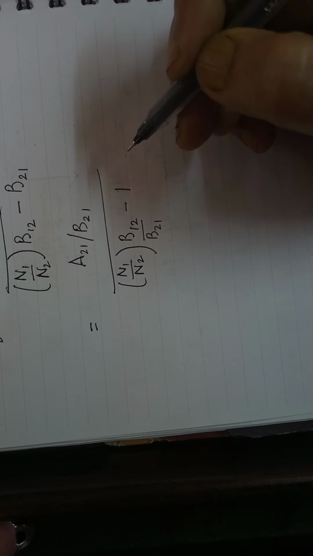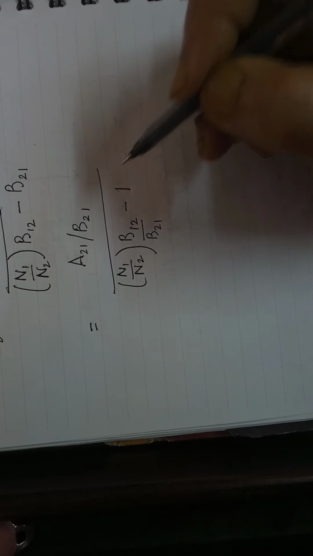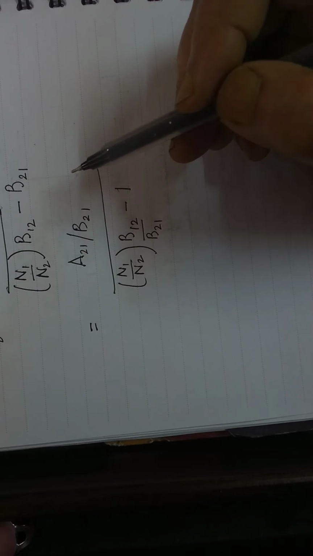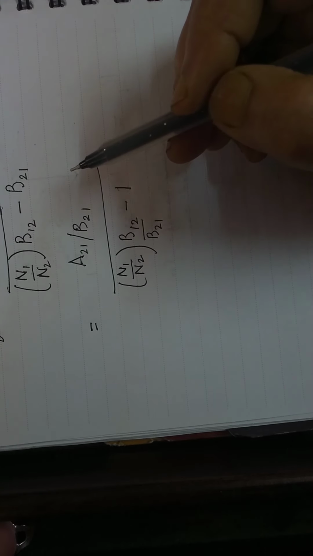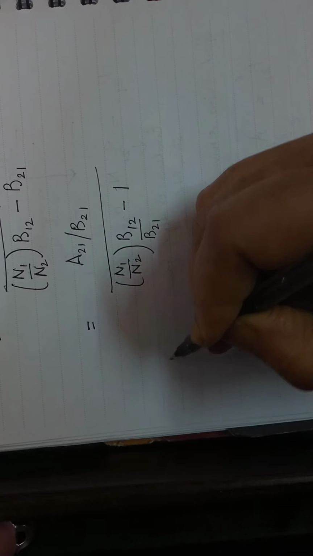Now, if you ignore the degeneracy of energy states, the population of the energy state E2 of a system in thermal equilibrium is given by the Maxwell-Boltzmann distribution law. What is the Boltzmann distribution law?